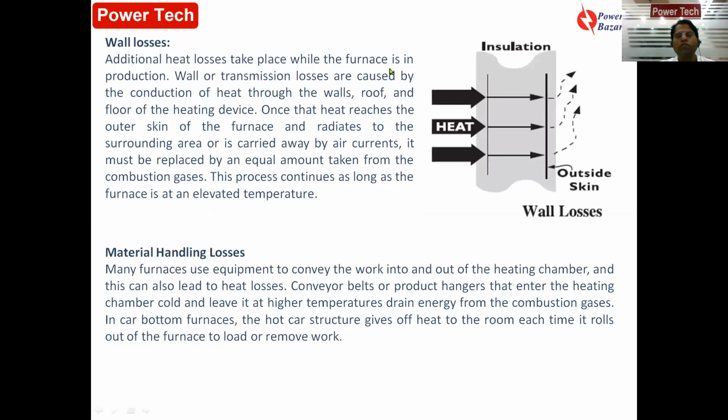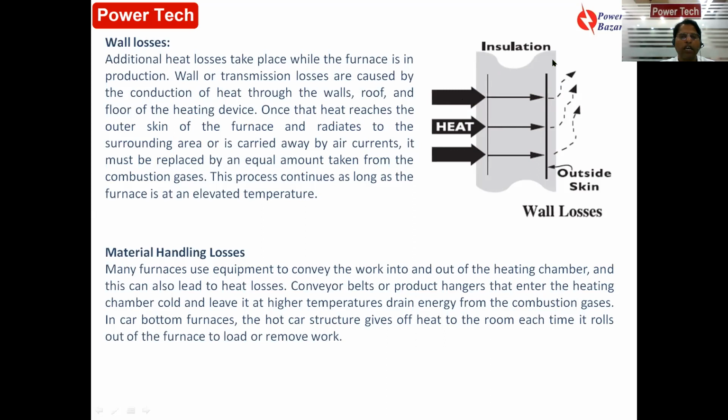Now, what is wall loss? Let us say this is the furnace wall. Heat energy is inside the furnace or the crucibles, and there is some insulation also. Because this is a very high temperature, heat is being applied to the insulation. Because of conduction, the heat will transfer and reach the surface. So from the inner surface, the heat will come to the outer surface.